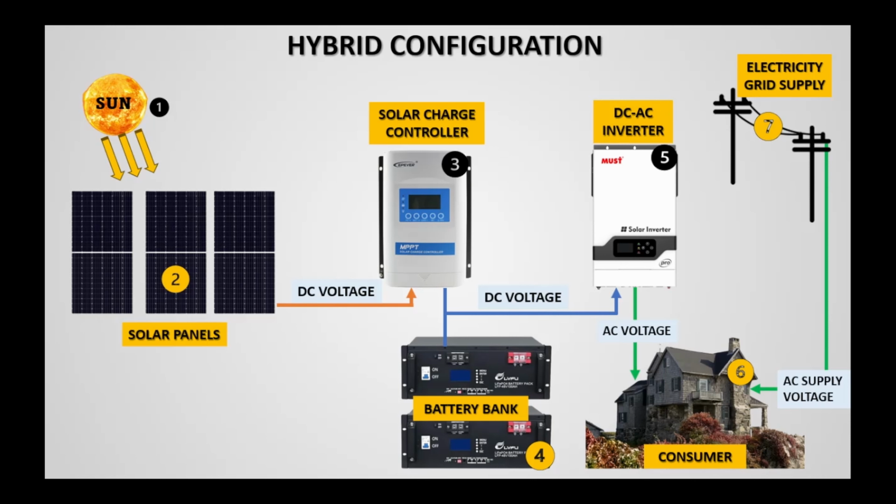Obviously, the hybrid configuration is more reliable than the other two, on the basis that with the grid-tie system, if you lose supply from your electricity supplier, you lose the whole system. While on the off-grid system, you need a bigger battery bank as well as big solar arrays so that you can last longer when there is not sufficient energy coming from the sun.